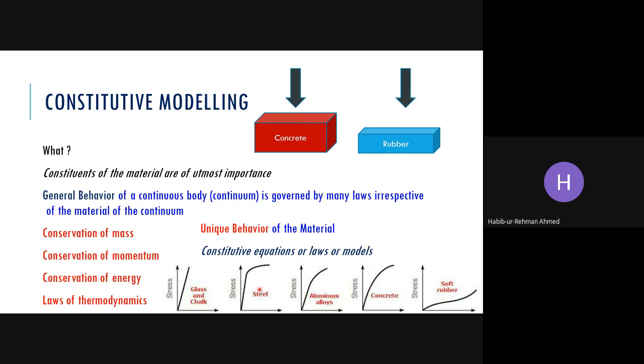So always keep in mind that the unique constituents of the material define the unique behavior of the material if all the other laws remain the same. This aspect is very important.